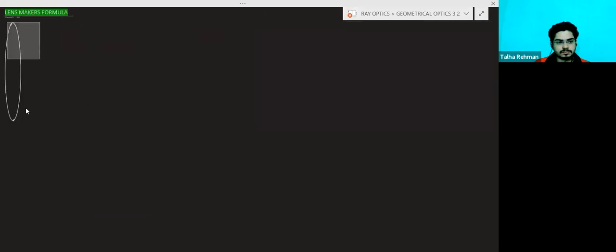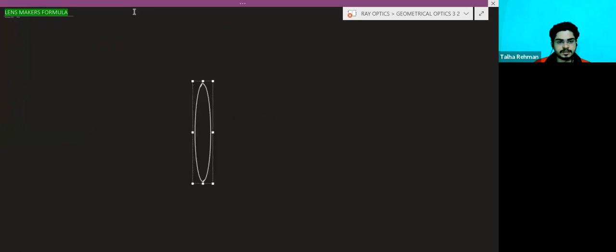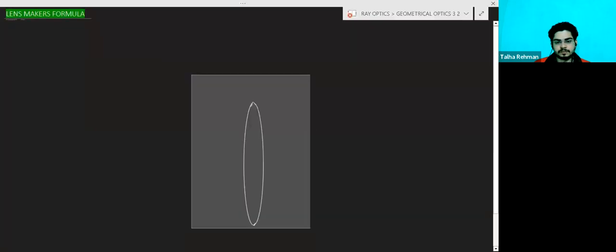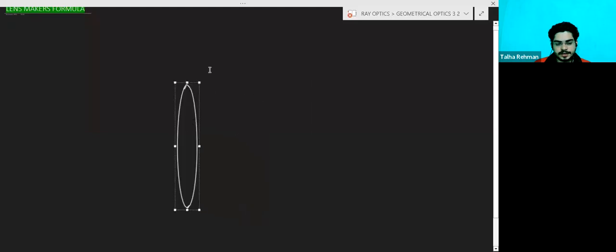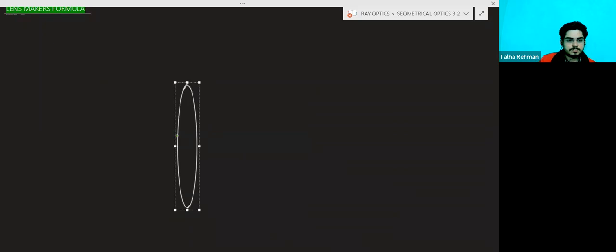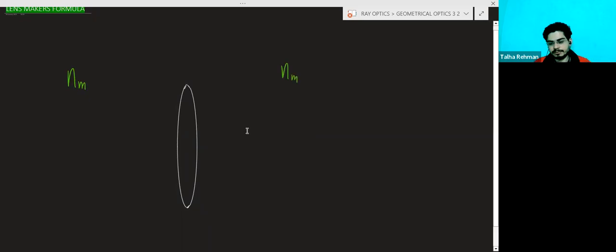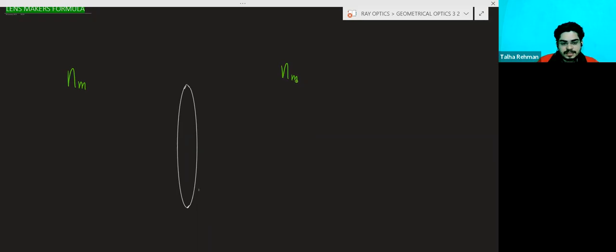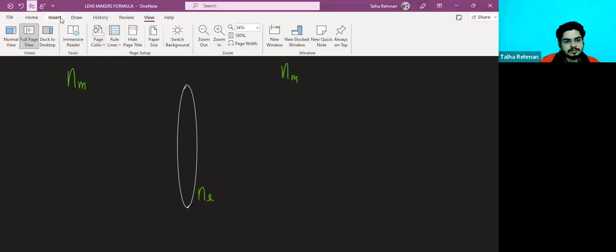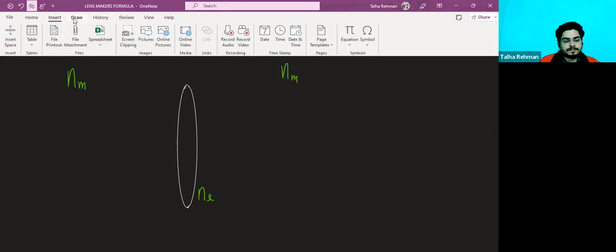Suppose this is a biconvex lens, and around this lens, there is some medium. Suppose the surrounding medium has the refractive index n suffix m, and the refractive index of the lens is n suffix l.